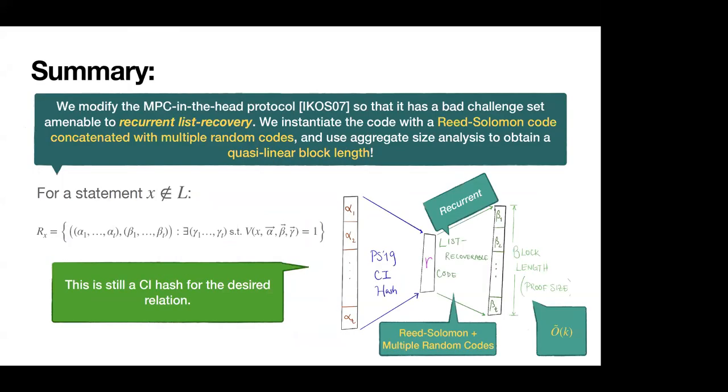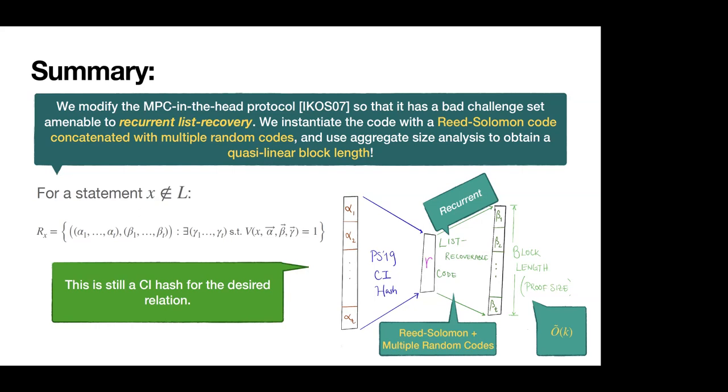So in summary, we modified the MPC-in-the-Head protocol so that it has a very nice bad challenge set structure, amenable to a strictly weaker notion of recurrent list recoverability. And we instantiate this recurrent list recoverable code using a Reed-Solomon code concatenated with multiple random codes.